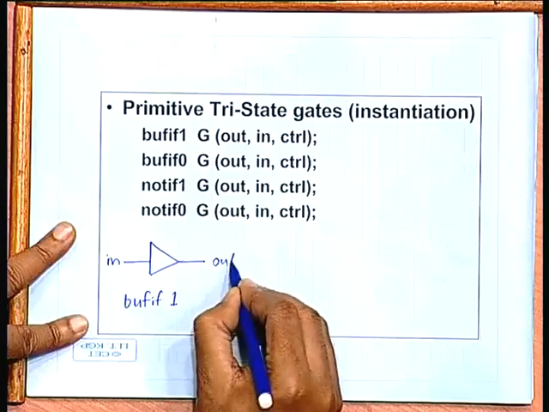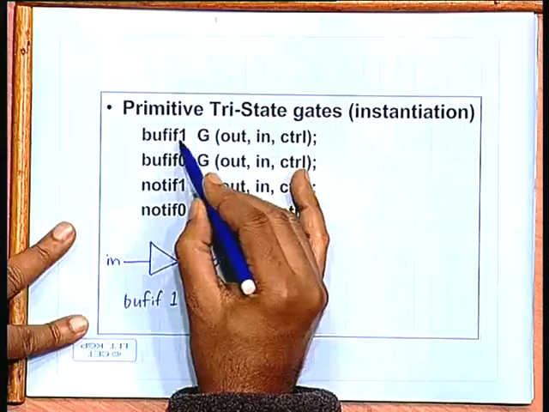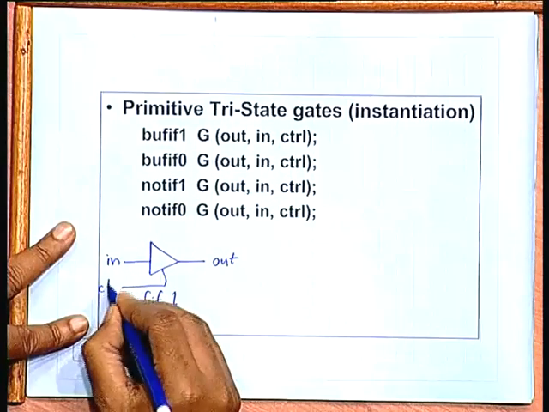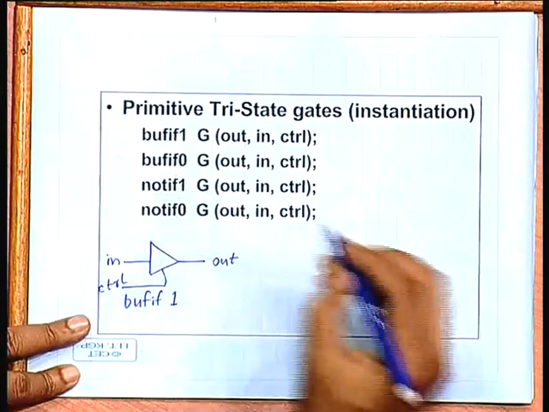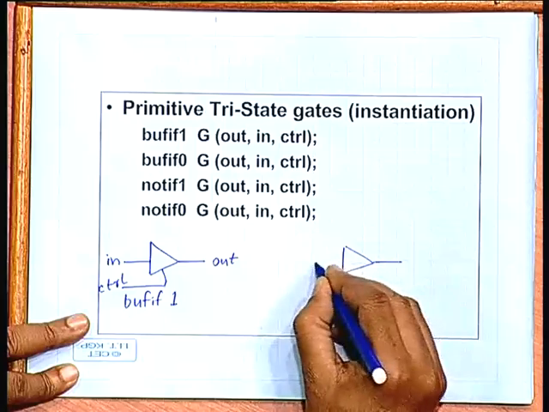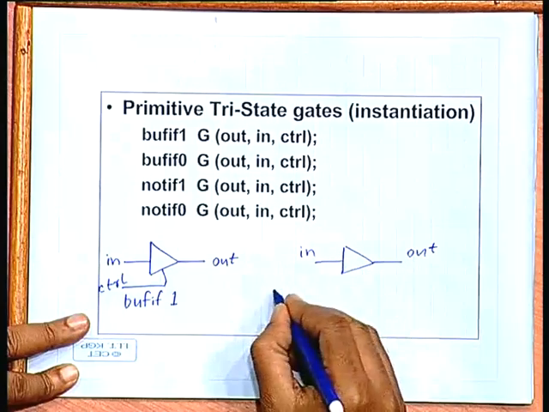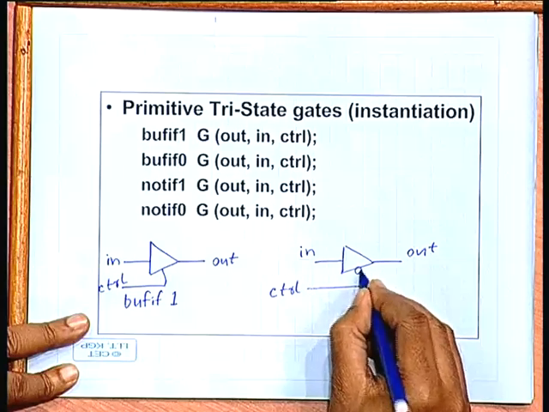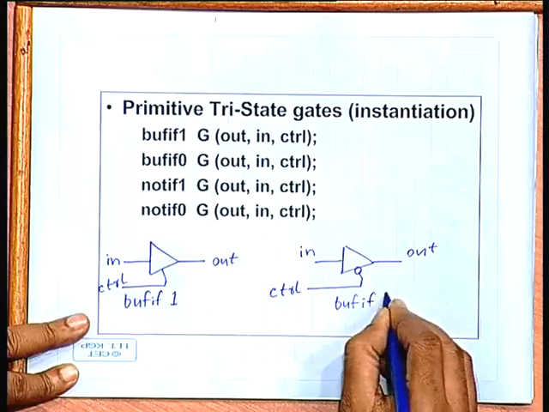The output is out, and it will be enabled if the control is at 1. But in the second case, buff if 0, the situation will be like this: in, out, and the control will have an inversion out here. This is buff if 0.